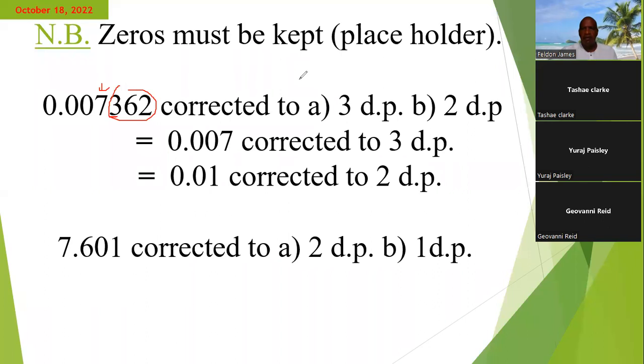Yes, sir. That's how it is done, because to maintain the number of decimal places, remember we say it's the amount of numbers that come after the point. So if let's say that we didn't drop off the 3, but instead put a 0 there, what would happen? Would we still have 3 decimal places?